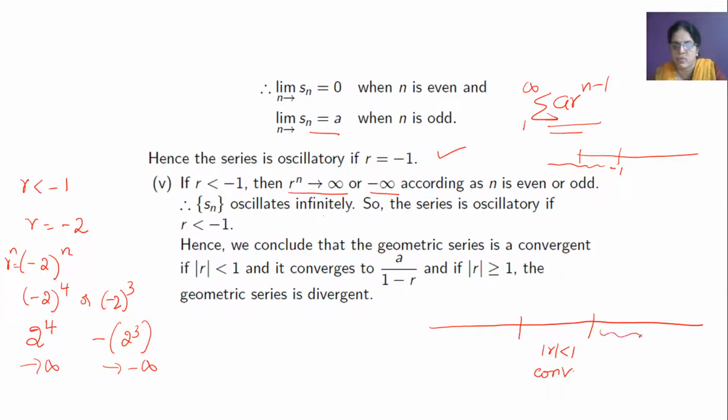For r equal to 1 also it is divergent, and for r less than minus 1 once again it is oscillating.